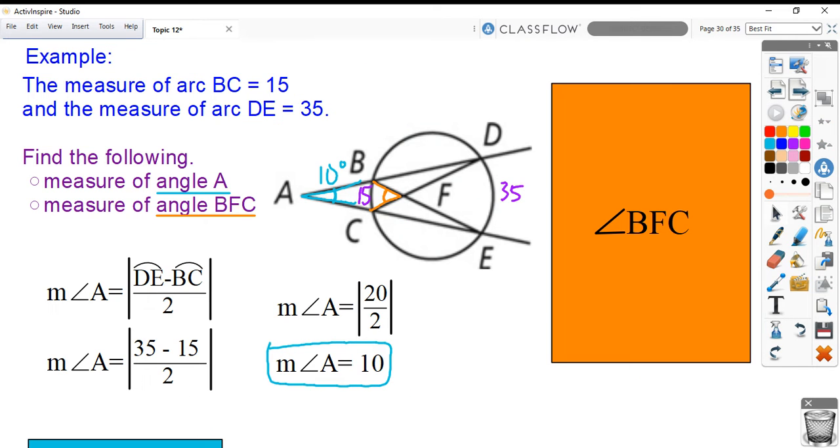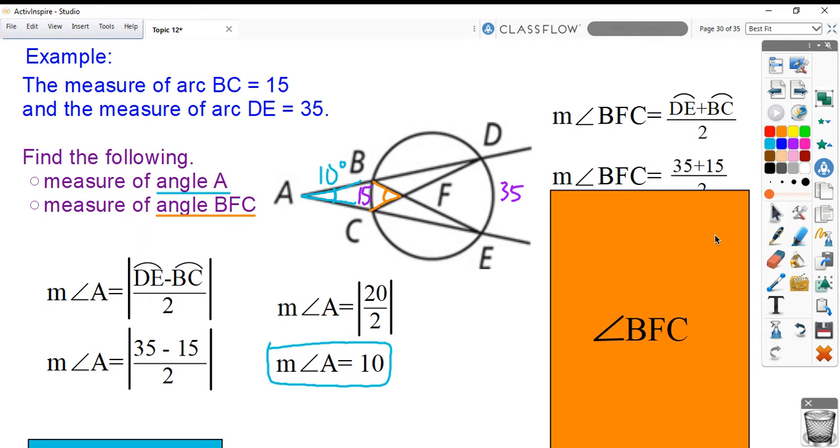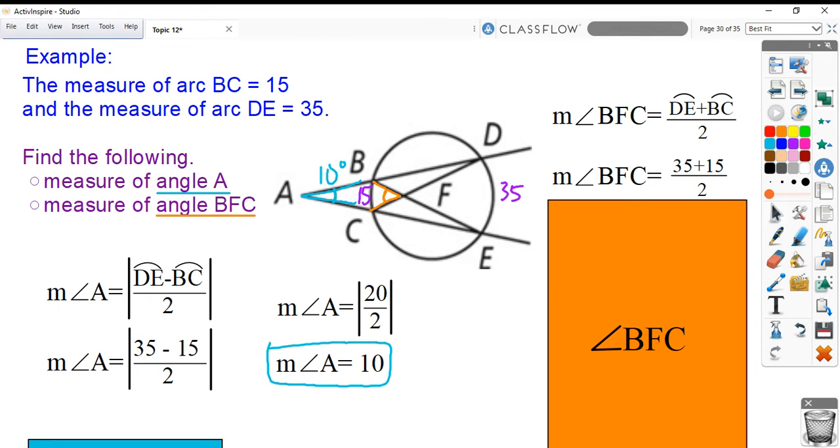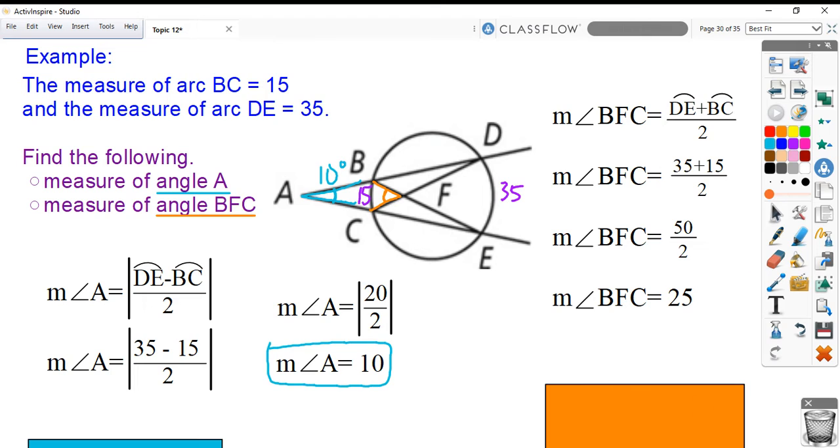If we're taking half the sum, that means we're adding together the two arcs. We're adding together 35 plus 15 and dividing by 2. 50 cut in half is 25. And that's our answer for the angle BFC right there in the middle, a 25-degree angle.